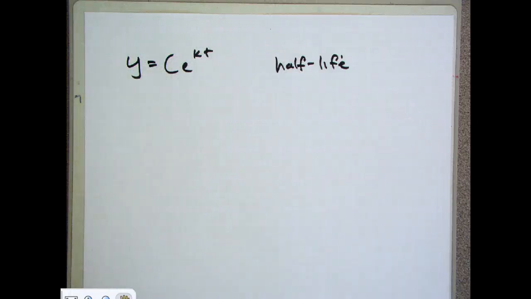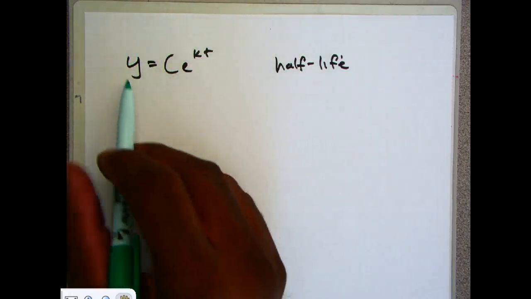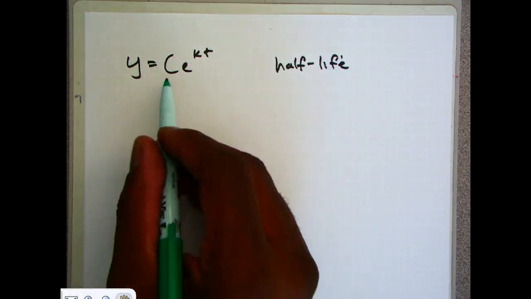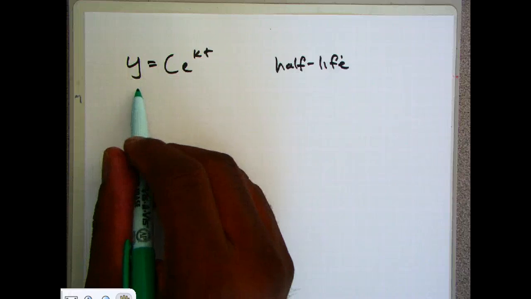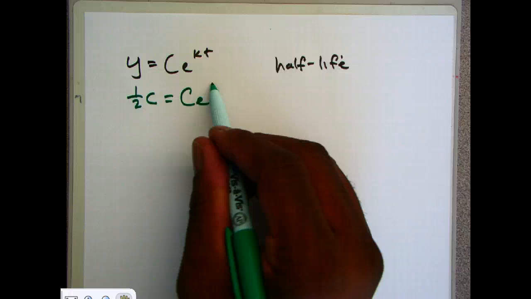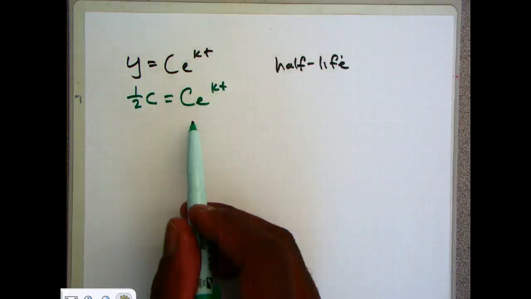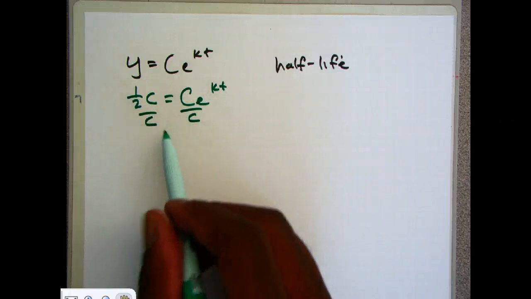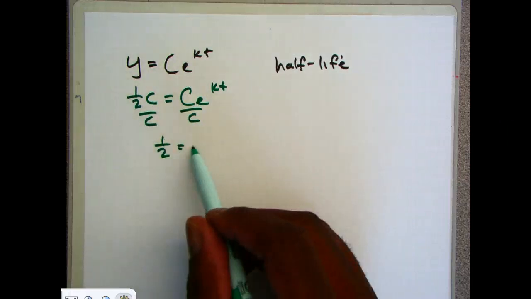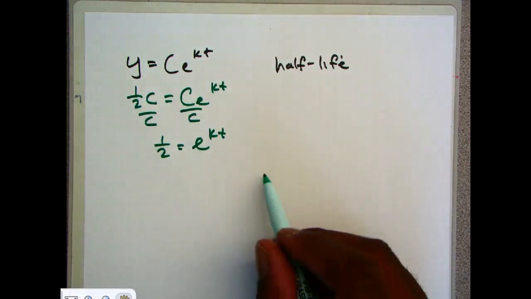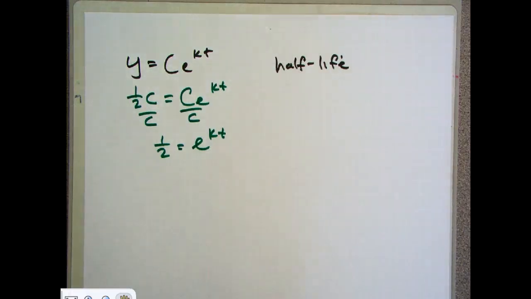So here, because I know that this new amount, y, is going to be half of c, I can write it as such. So this y, I can replace it with 1/2 c is equal to ce to the kt. Then when you divide both sides by c, you get 1/2 is equal to e to the kt.